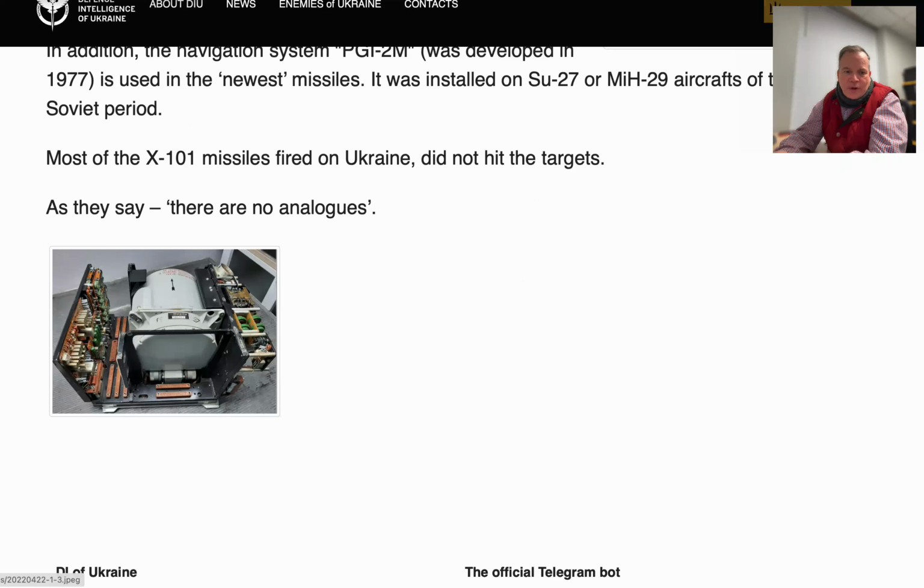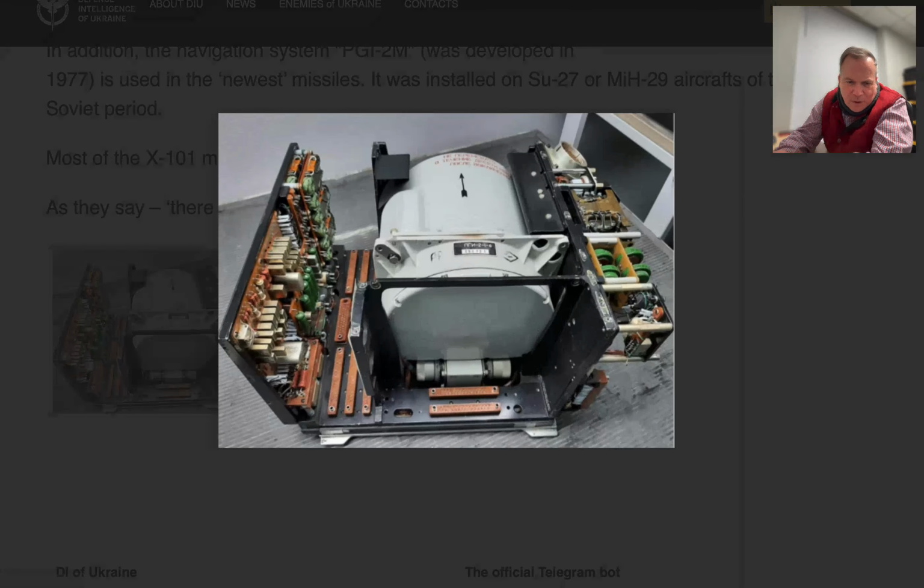So they even have here more information about the guidance, and it looks like really old technology that's in there.